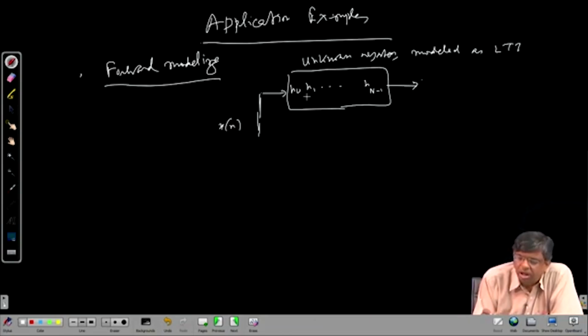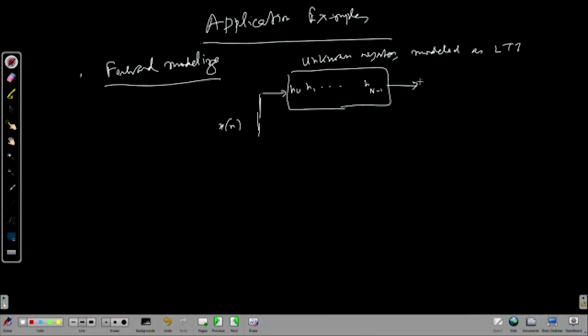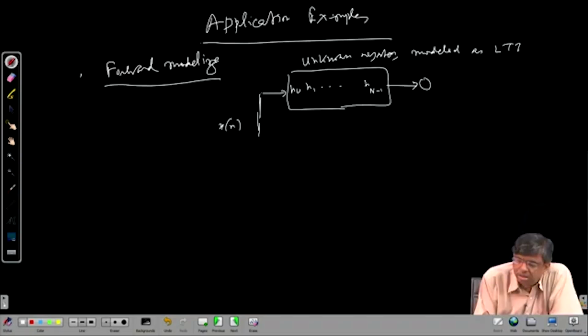Okay. Output, when you observe, as this input goes through the system, at various points some noise gets added. So, all the noise effects you can combine together, add as a separate noise component Zn.